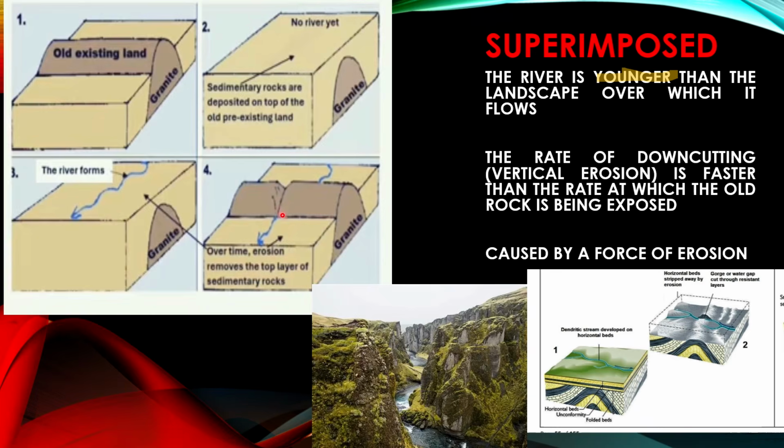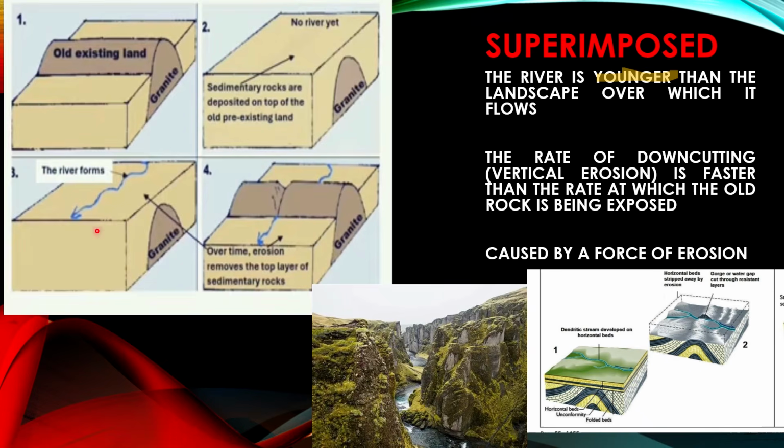Can you see this landform here, the steep-sided valley with a narrow bottom? It has formed a gorge. Here's an image of a gorge right here in the center. The river has cut through the old existing rock to form a gorge. It says here, over time, erosion removes the top layers of sedimentary rock.